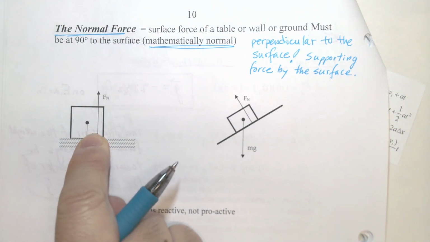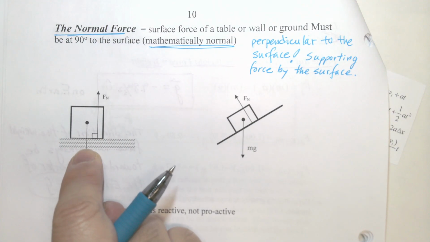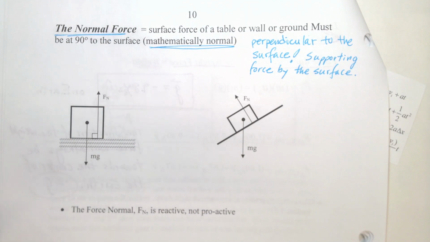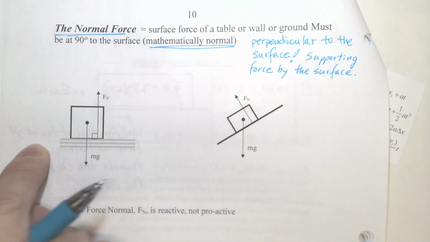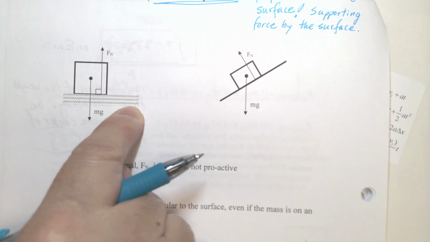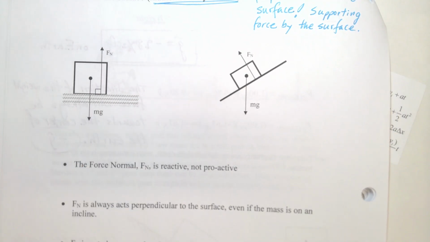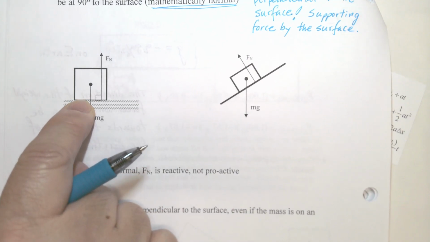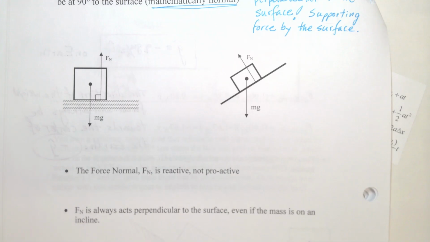So here, if I have a box, an object on a horizontal surface, it could be a floor, or the surface of a table, all right, horizontal surface, okay. I have two forces acting on this object vertically.